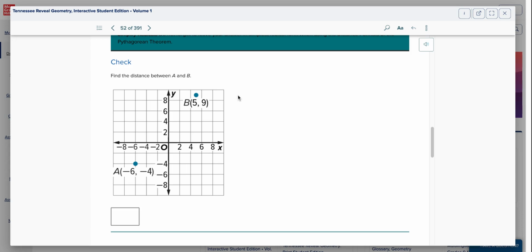So we're going to have a big old square root. You're going to take 9 and subtract -4 in your calculator in parentheses. And I put it in my calculator.